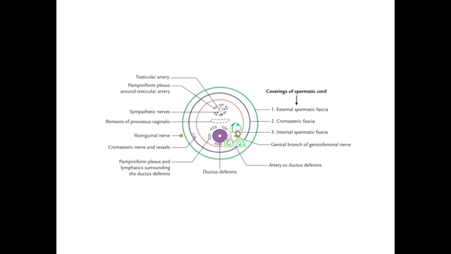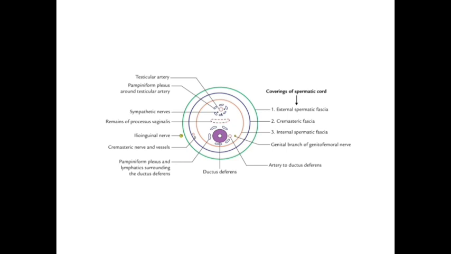Remember, we have three arteries: the artery to the ductus deferens, the testicular artery, and the cremasteric artery that supplies the cremasteric fascia. Then the ductus deferens must have an artery that supplies it. There is also the pampiniform venous plexus surrounding the ductus deferens.